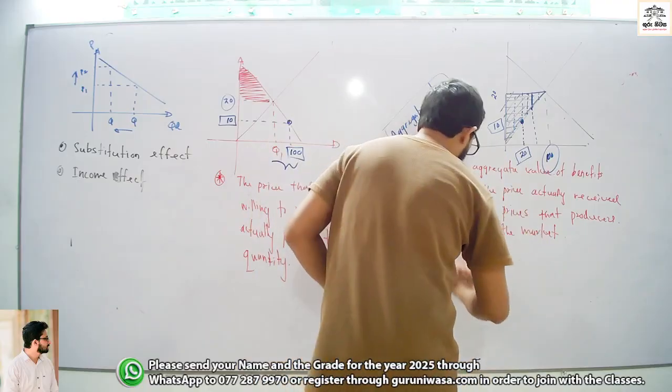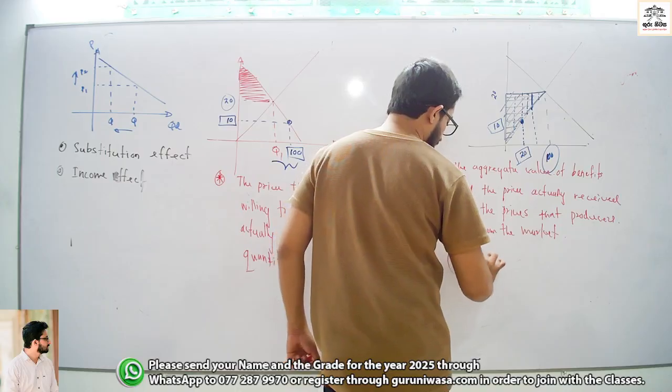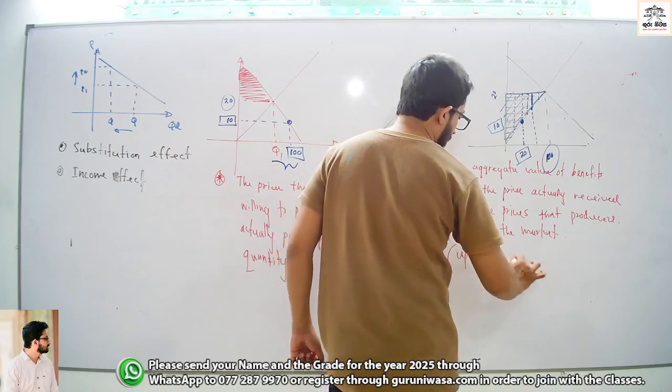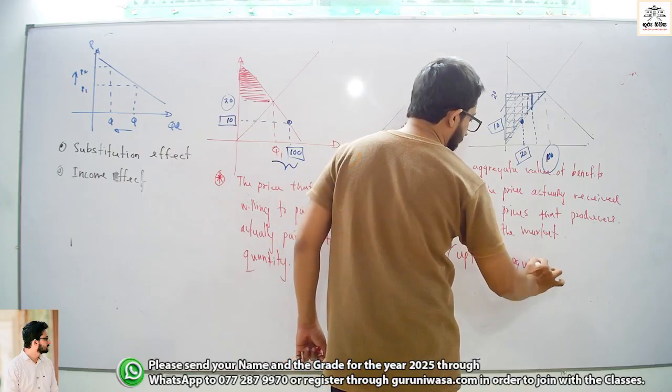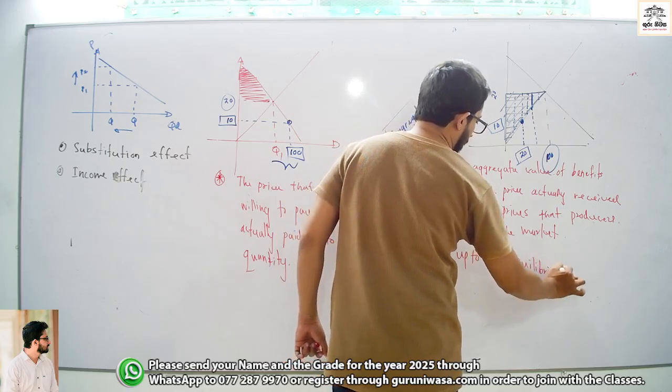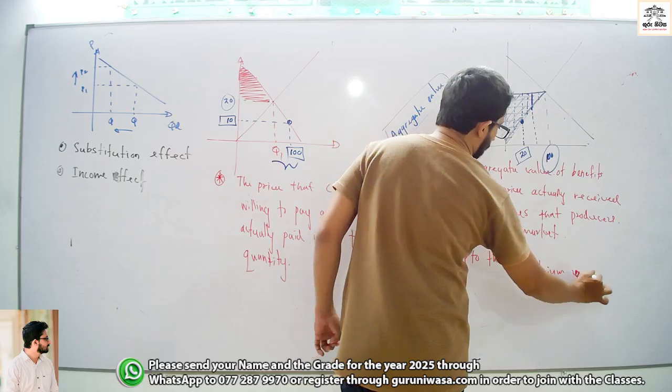Within brackets, write down up to the equilibrium quantity.